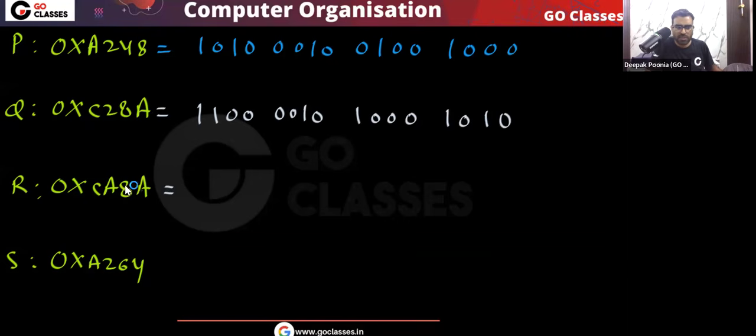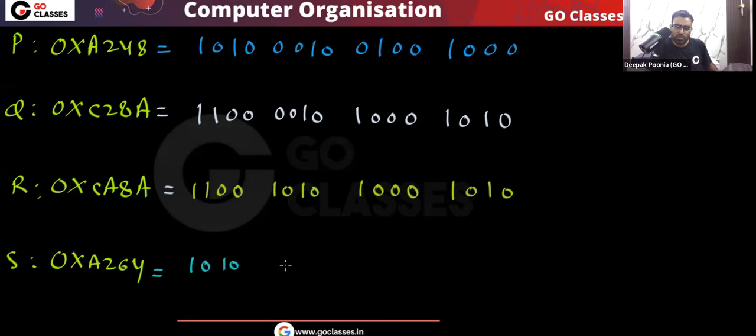For CA8A: C means 1100, A means 1010, 8 means 1000, A means 1010. For S: A means 1010, 2 means 0010, 6 means 0110, and 4 means 0100.